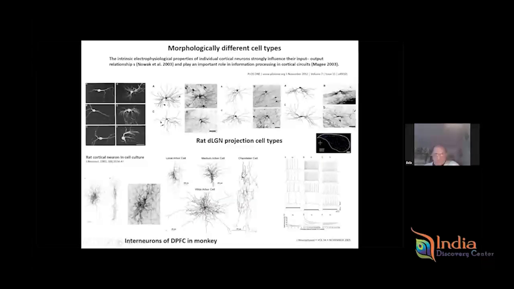And here interneurons with different morphology are shown in the dorsal prefrontal cortex in the monkey.